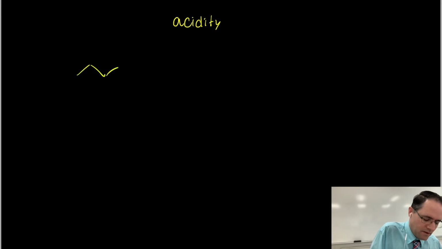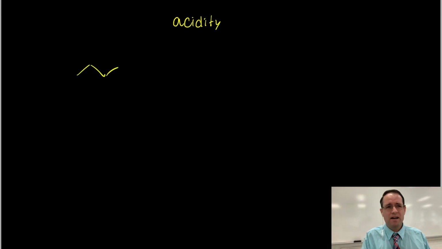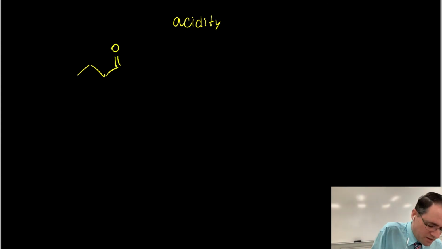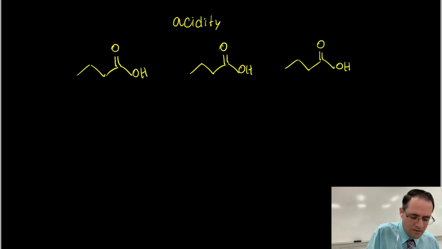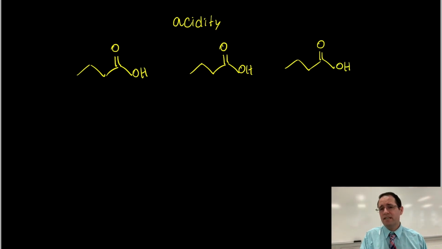The second thing are inductive effects, okay? And this is something we talked about way back in chapter 3 or 2, whichever chapter it was, when we talked about acidity. Rule number 1 is if you have an electronegative atom, it's an electron withdrawing group, because with its electronegativity, it's going to stabilize the conjugate base.